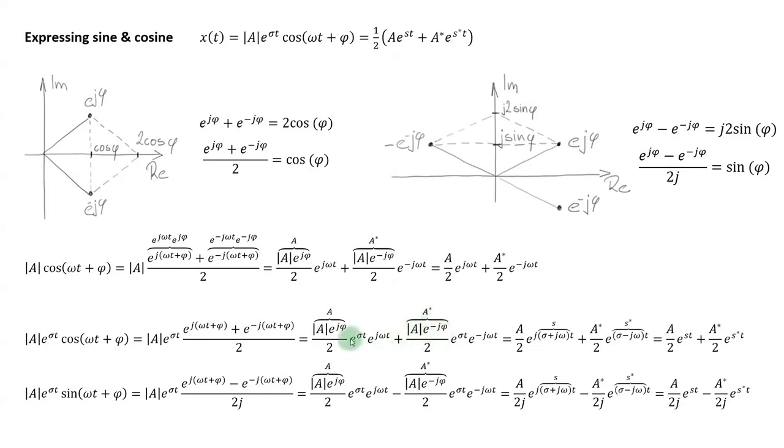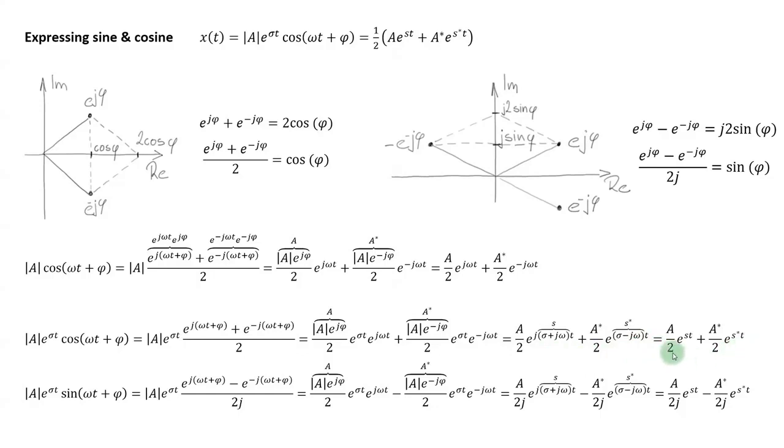Moreover, you can combine these 2 exponentials into a single exponential and these 2 exponentials into a single exponential. And you can denote this sigma plus j omega as complex frequency s, and this minus j omega as complex frequency s conjugate. And when you do that, you can write this expression in this form.